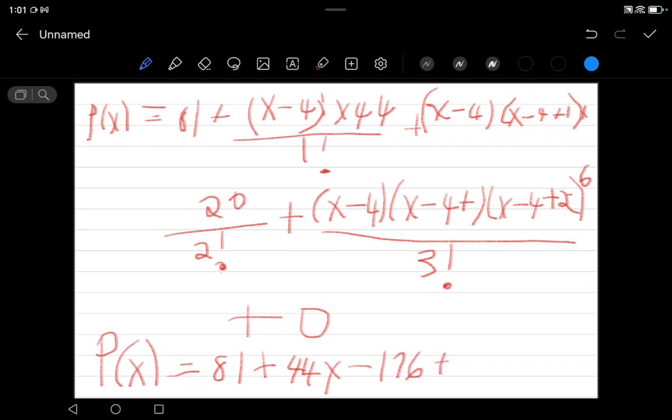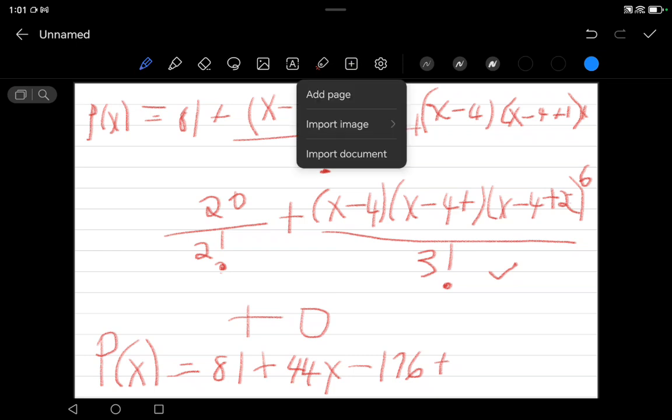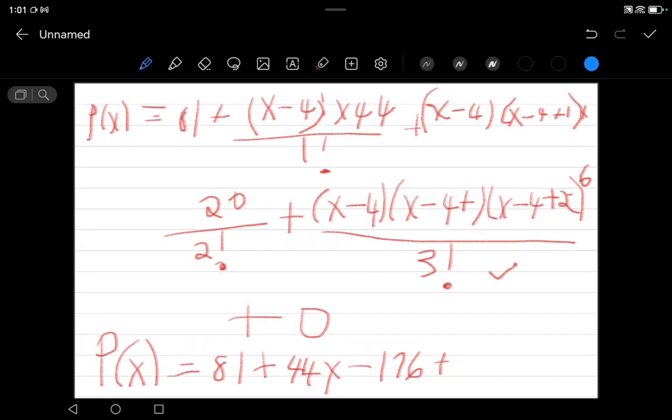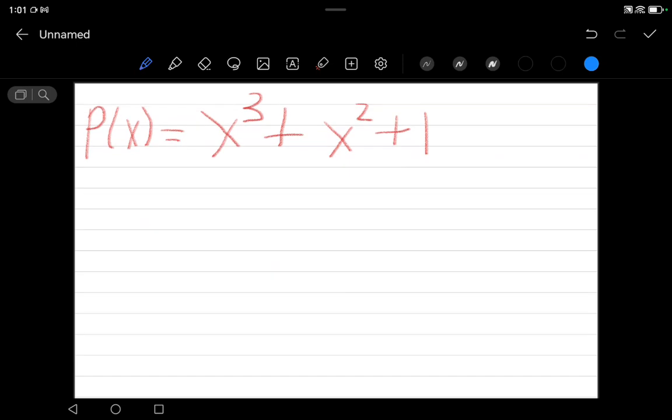Plus, and then we simplify the second and the third one as well. After simplifying everything, the final answer is going to be p of x equals x cubed plus x squared plus 1.